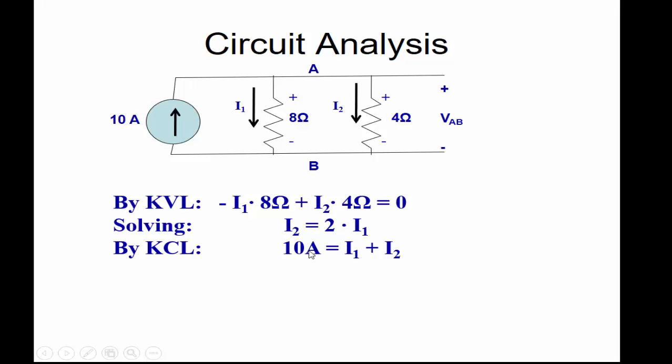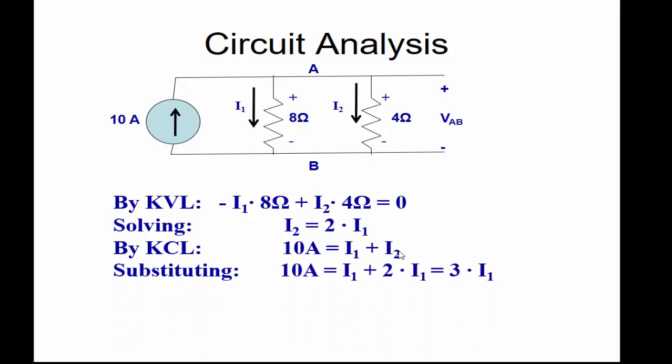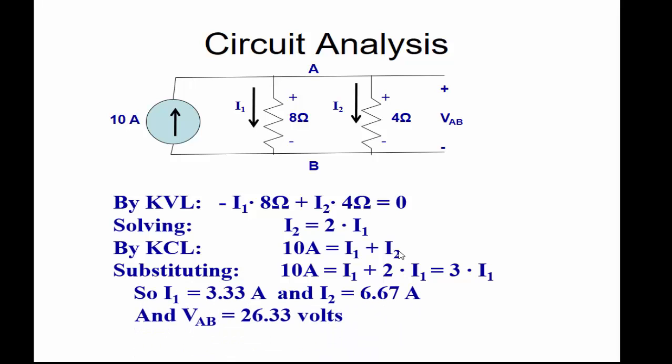We make 10 amps the subject, so we have I1 plus I2, and we can replace I2 in there. Once we do that, I1 is equal to 3.3 amps, I2 is equal to 6.67 amps, and VAB is 26.63 volts.